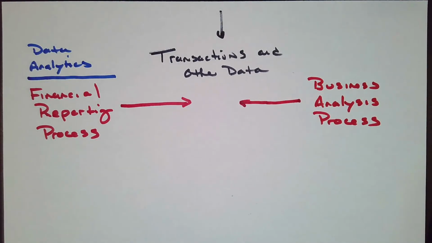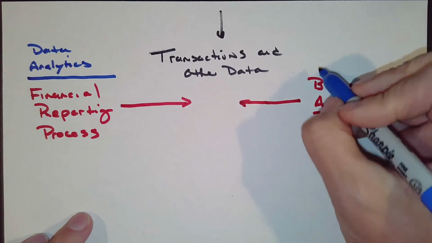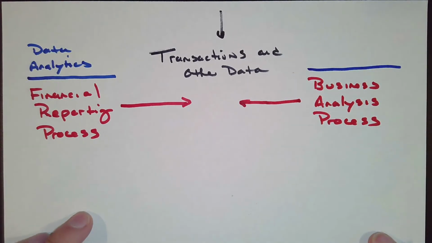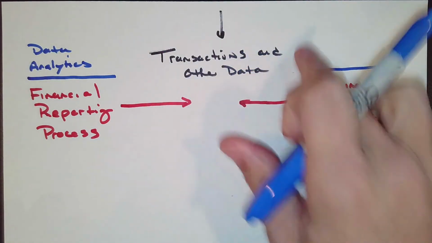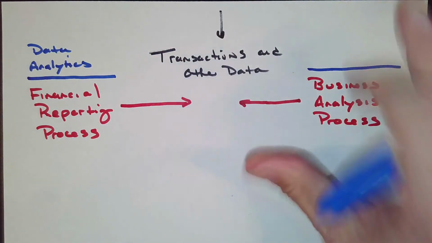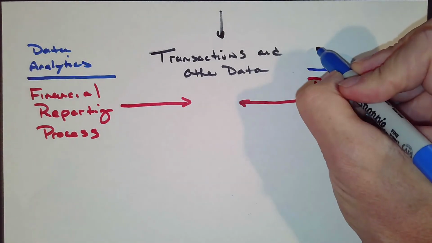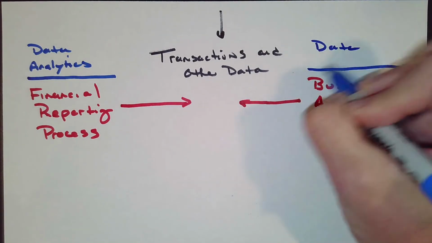And this is also data analytics. So you might see, well, we need a financial analyst or we need a business analyst. Well, what do you think those people are doing? They're taking all of these transactions, all this other data, and they're evaluating it. So this is also data analytics.